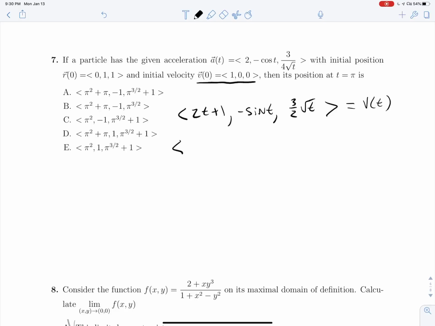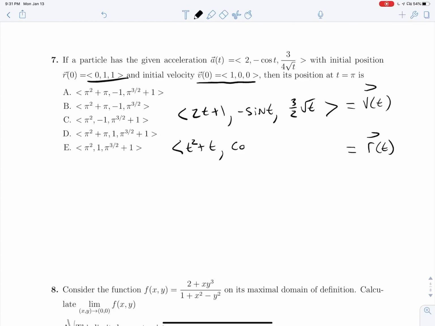And then finally, well, not finally, penultimately, I guess, we are going to find our r of t, which is just, again, integrating v of t. So we'll get t squared plus t. And now we're taking a look at this initial value, and that does agree when t is equal to 0 for our x component.